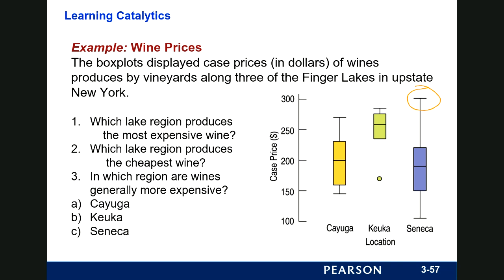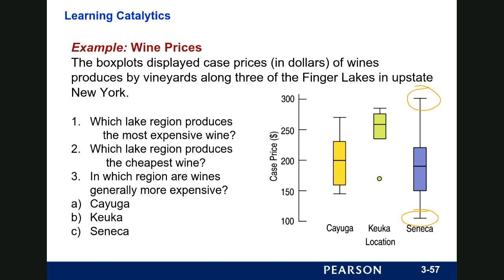Okay, 10 seconds. Okay, let's see. I think you all got it. Yes, Istiak, you're right. Seneca is the answer again because it produces the cheapest wine and it has the lowest fence. Yes, agreed.